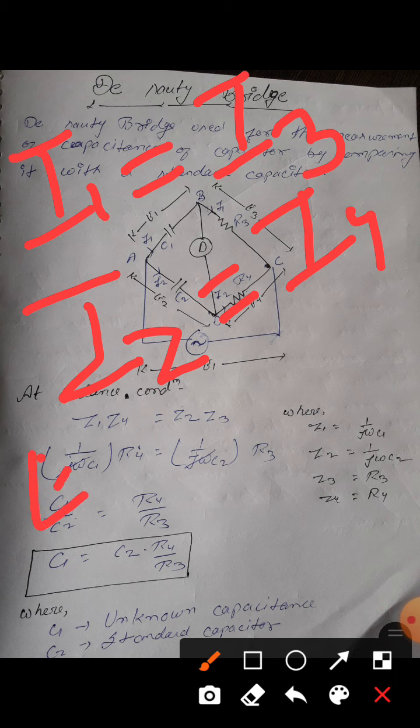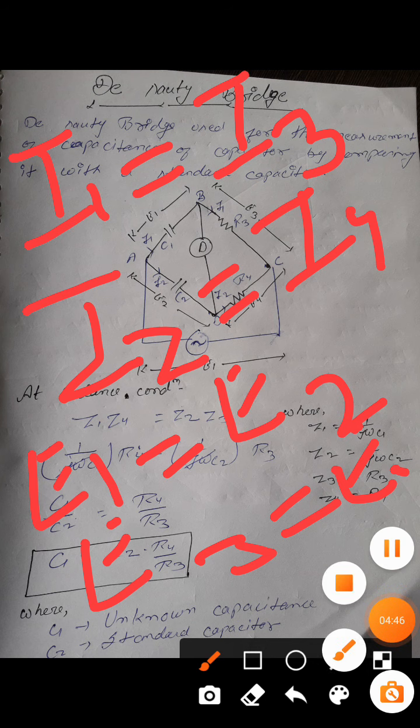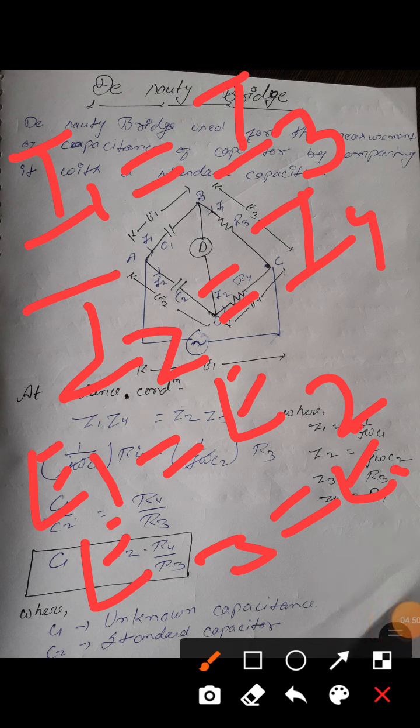So E1 equal to E2 and E3 equal to E4. These are the 4 equations we are using in the phasor diagram.